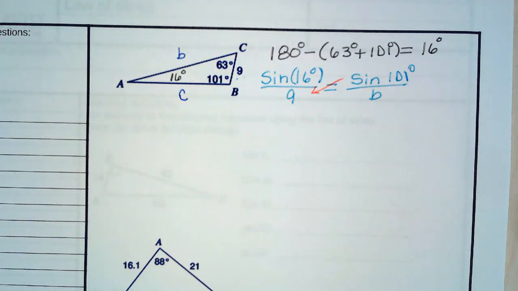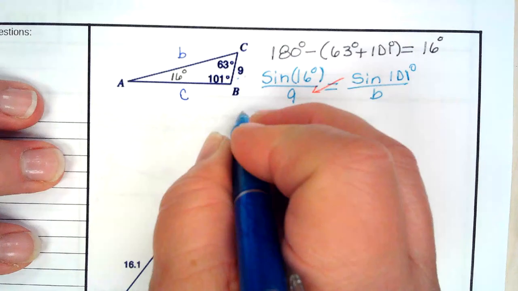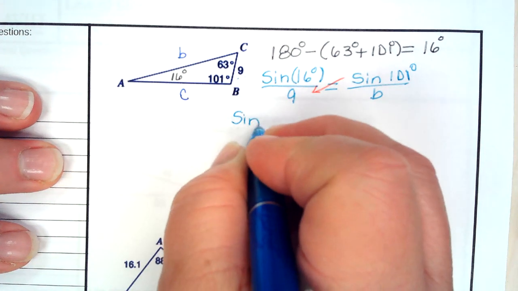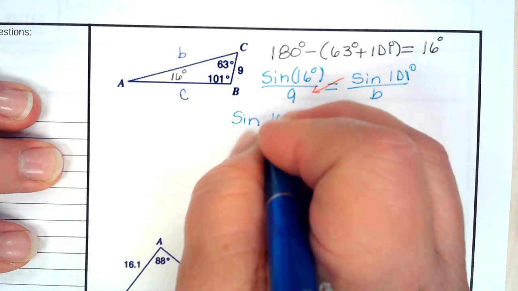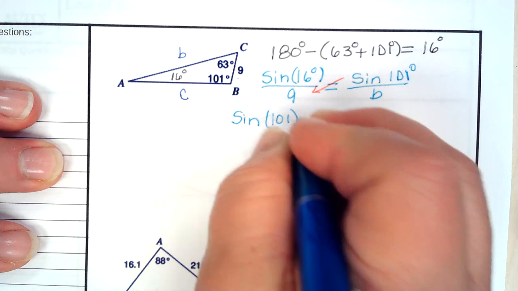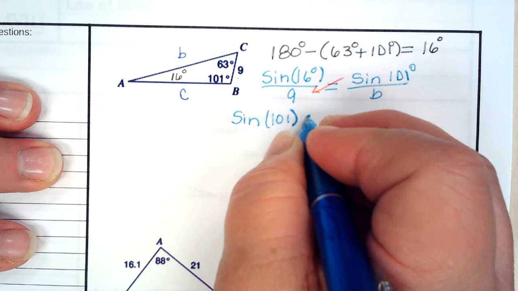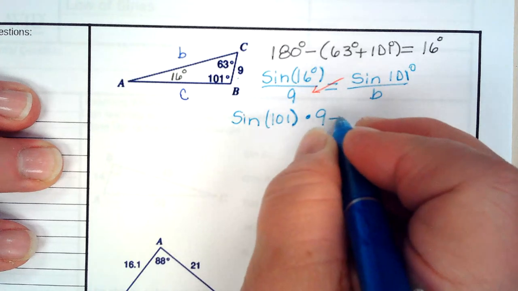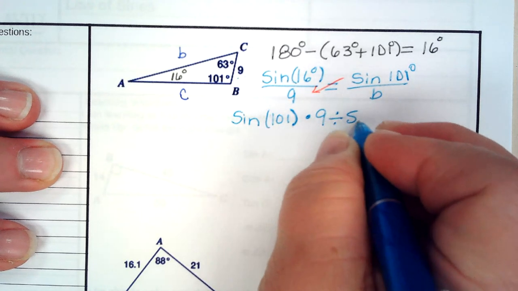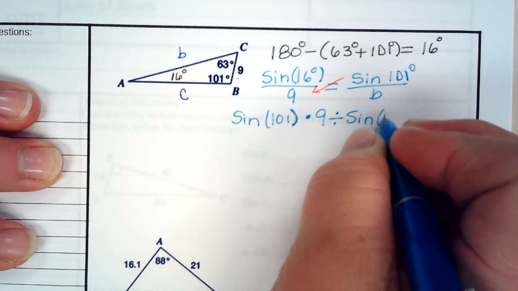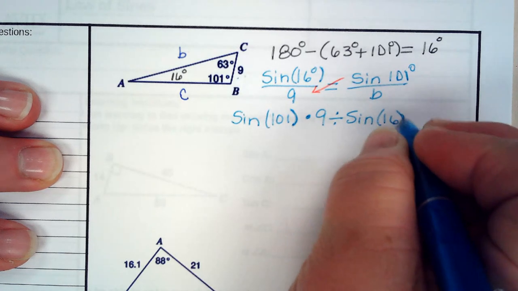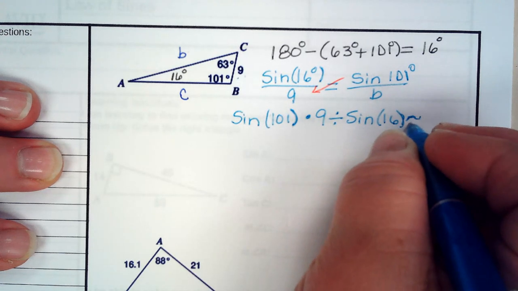Multiply and then divide. The sine of 101, remember the second parenthesis, times 9 divided by sine 16 degrees.